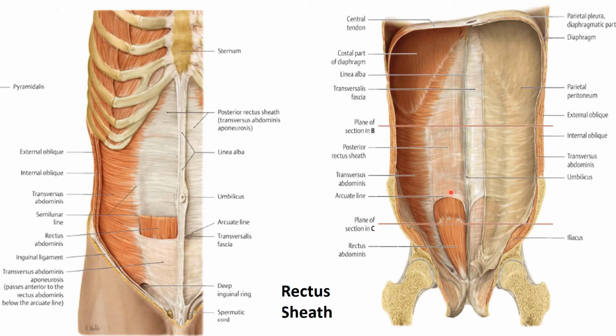It is complete in the upper two-thirds, but in the lower one-third it abruptly ends, and all the layers which form the rectus sheath posteriorly pass anterior to the muscle. So it has a free margin which is arc shaped, and this free margin is known as the arcuate line. Below this level, the rectus abdominis is covered only by the fascia transversalis and extraperitoneal connective tissue.